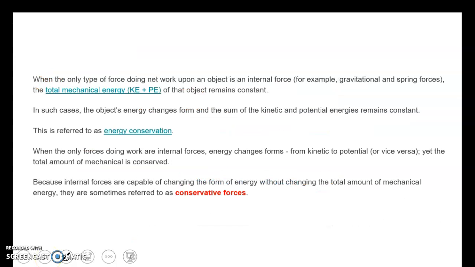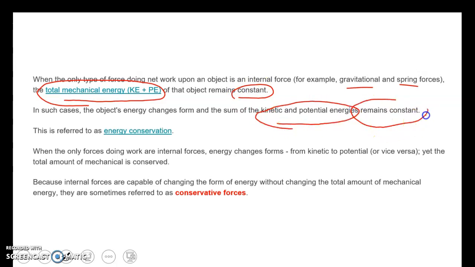Now, there are also forces, right, when the only type of force doing net work upon the object is an internal force, gravity, spring, etc., total mechanical energy is conserved. So energy changes form, but kinetic and potential energies remain constant. Energy conservation is what that is called, okay?